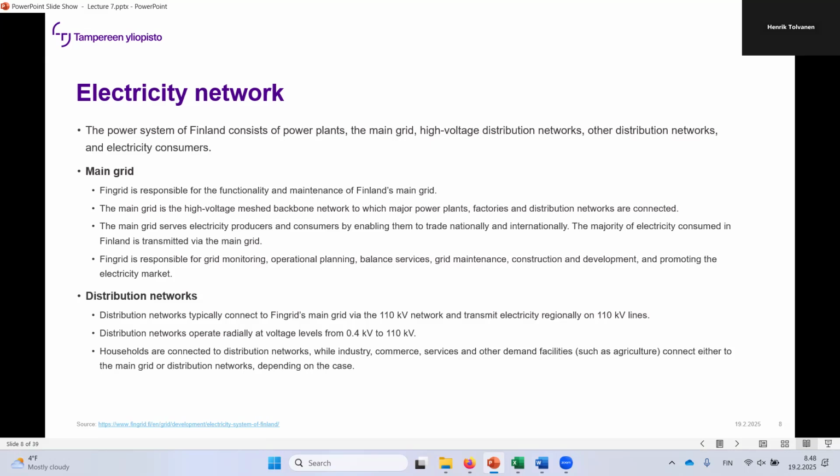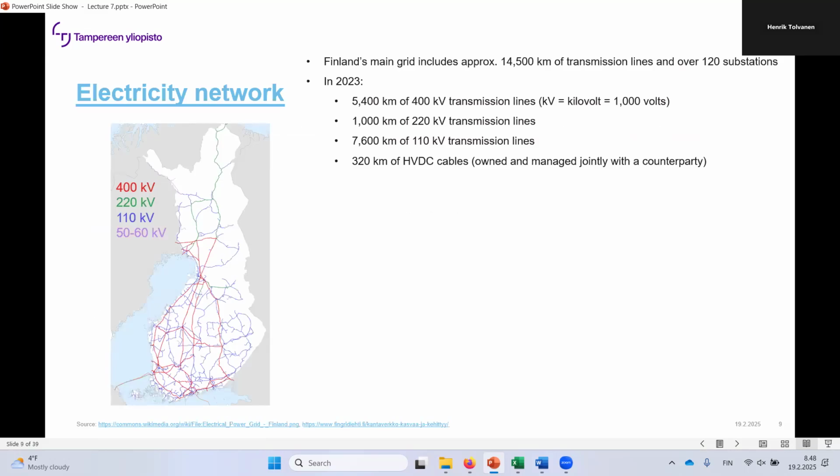So Fingrid has to be aware of these developments, and they have taken actions to strengthen those connections. And then the distribution networks operate at a lower voltage. And from here you can see the backbone of this Finnish electricity system.